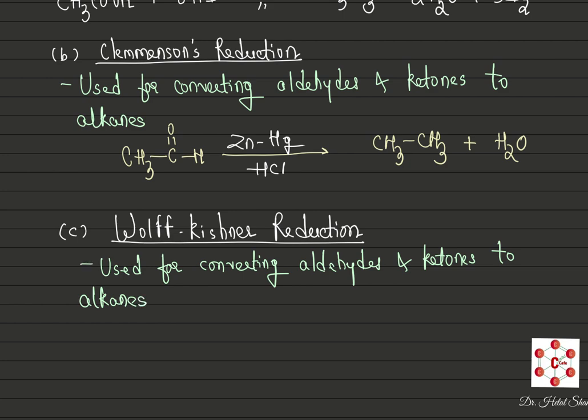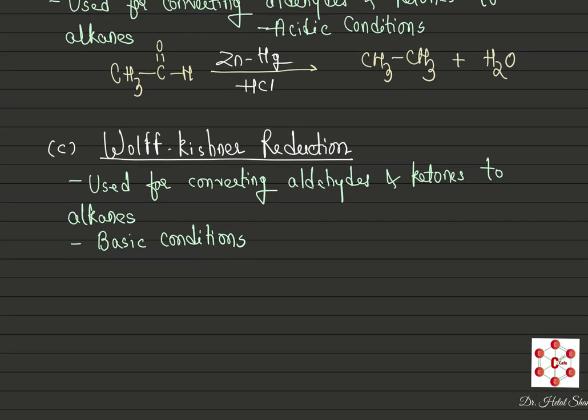Here the difference is basic conditions, and there it is always acidic conditions. So while Wolff-Kishner is basic conditions, Clemmensen is acidic conditions.